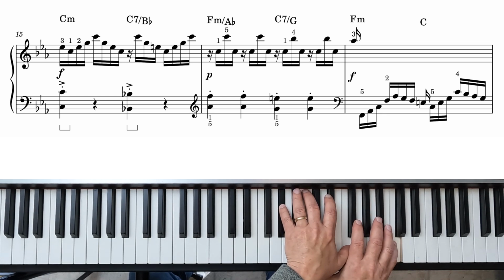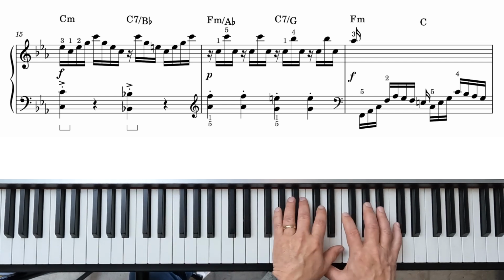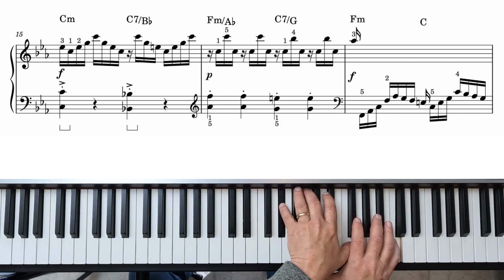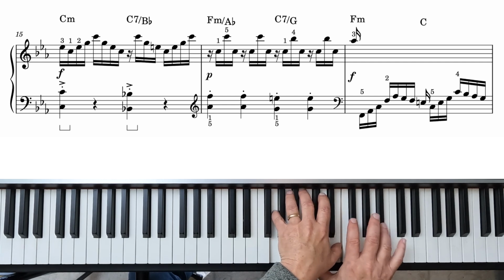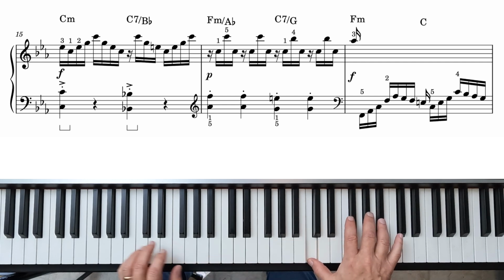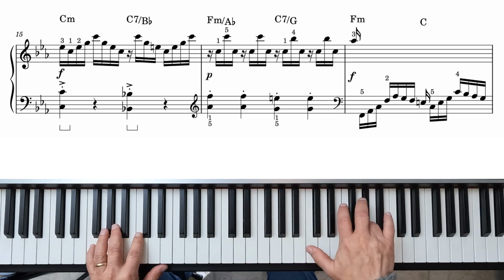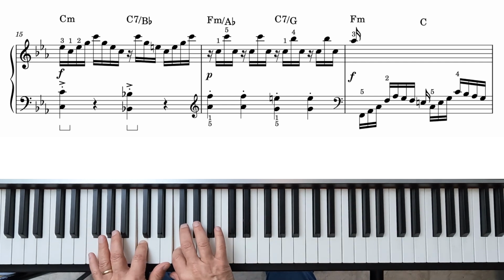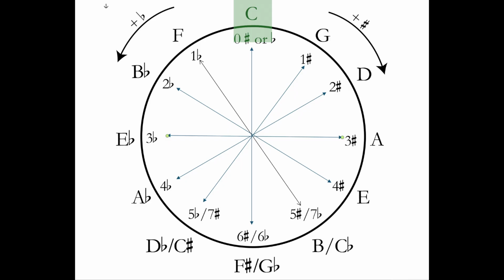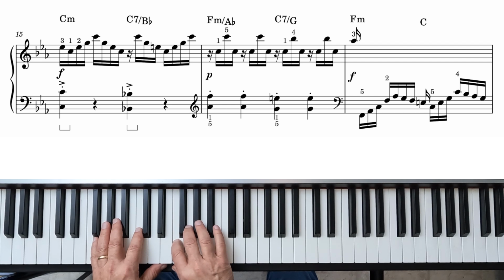And so now we have modulated again by using this chord to get to this one, F minor, C7. Now we are clearly in another closely related key, only going one step the other way on the circle of fifths, and we have that same pattern again.